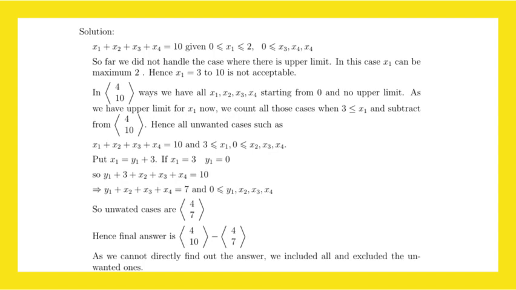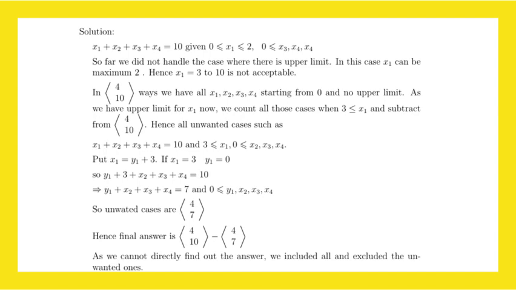In 4 elbow 10 ways, we have all x1, x2, x3, x4 starting from 0 with no upper limit. As we have an upper limit for x1 now, we count all those cases when 3 is less than equal to x1 and subtract them from 4 elbow 10.